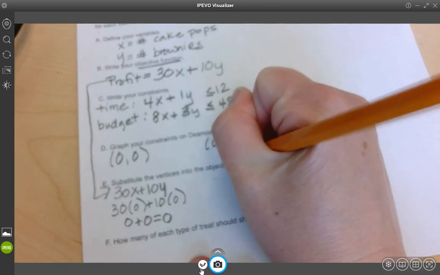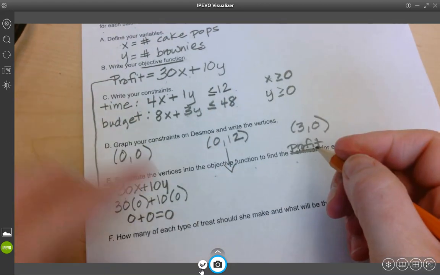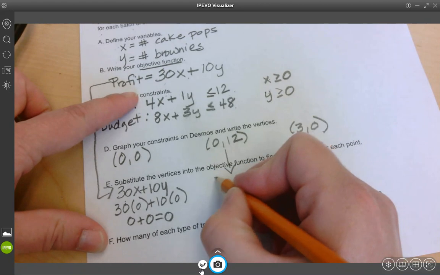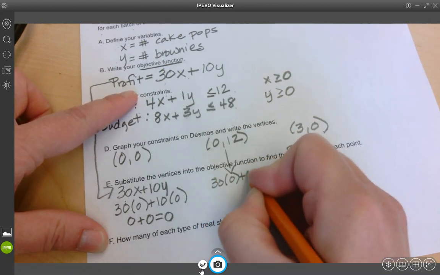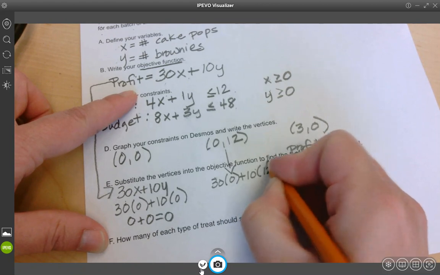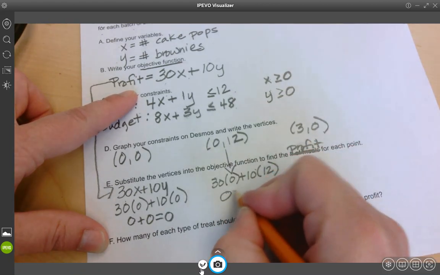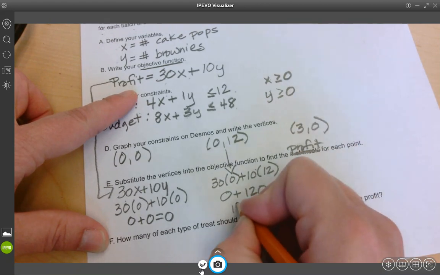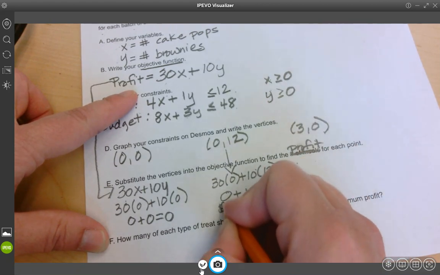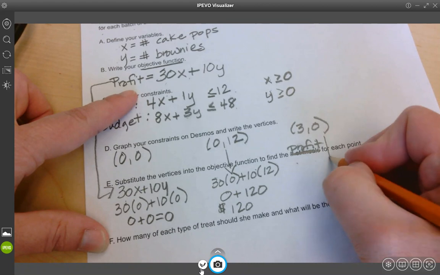All right, so let's do the other two and figure out which one gives us the best profit. So this one gives us 120.